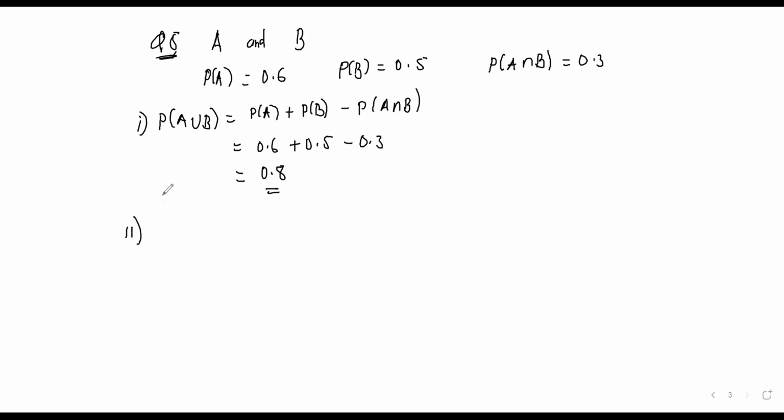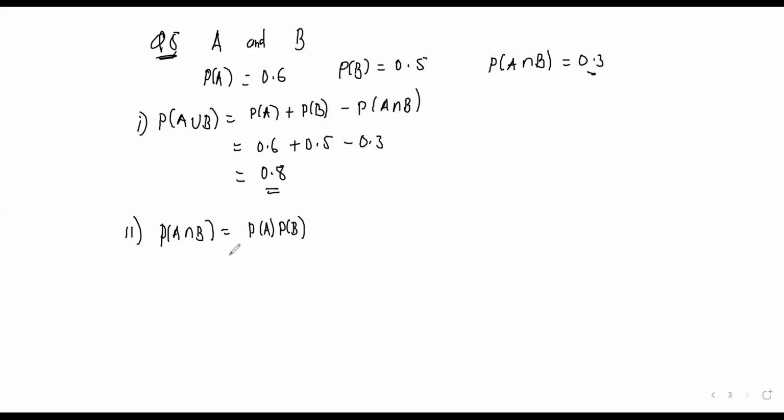The second: are the events independent? To check if the events are independent, we must check if the probability of A intersection B is actually the probability of A multiplied by the probability of B. The probability of A intersection B is already given.